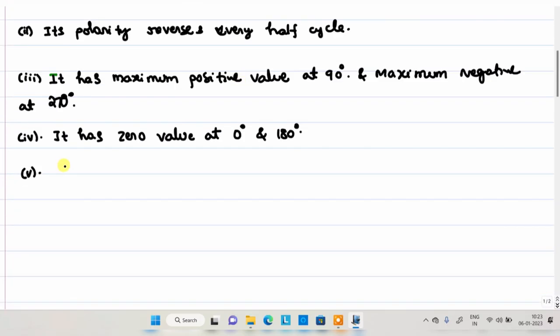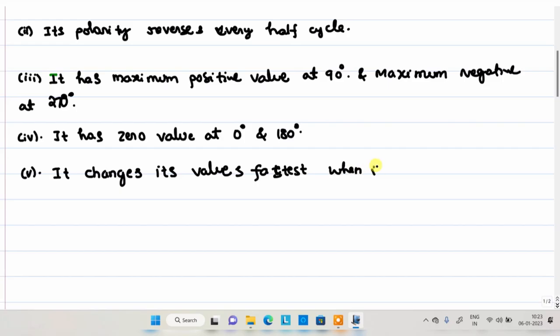So the first characteristic here, it changes its value fastest, very important, fastest when it crosses the zero axis.